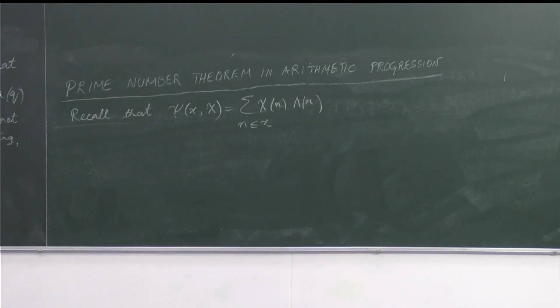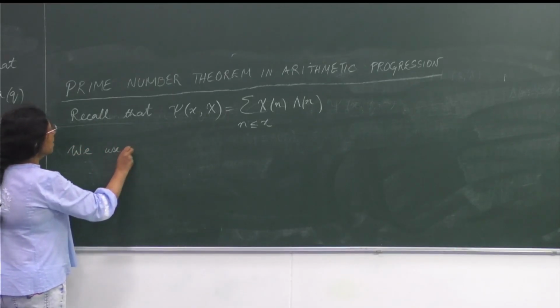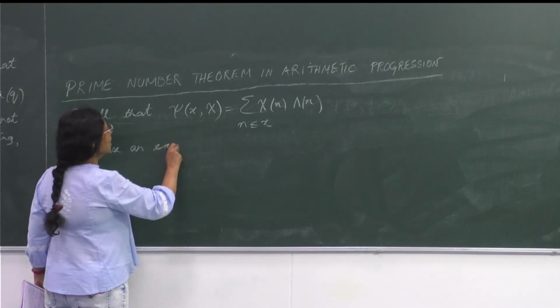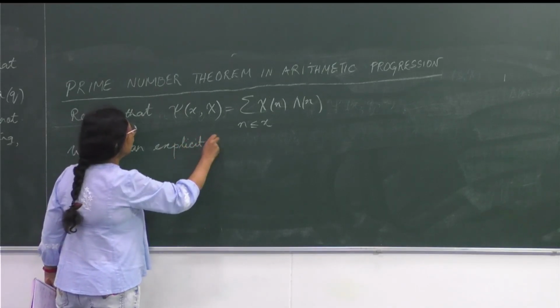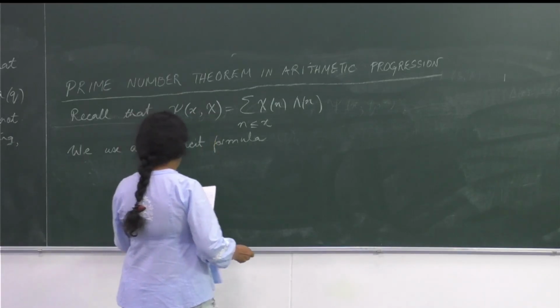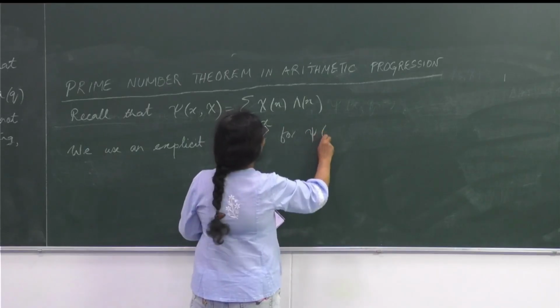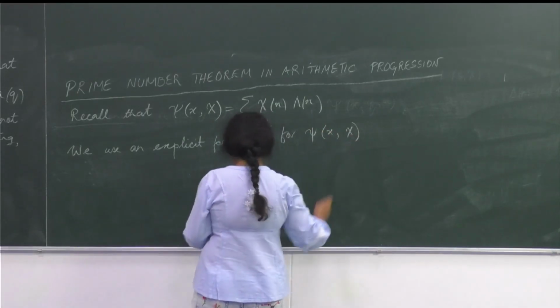Okay. So now what we will use is an explicit formula for psi x chi, and much of our effort will be in obtaining such an explicit formula for psi x chi.